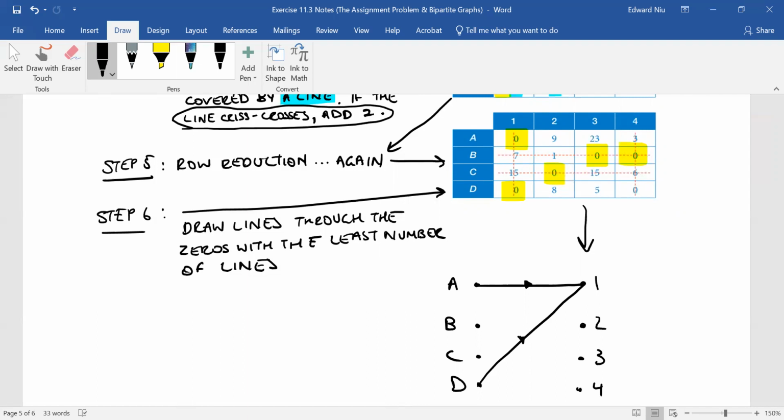B can do 3 and 4, and then C can do job 2.